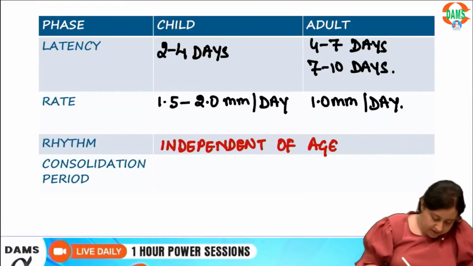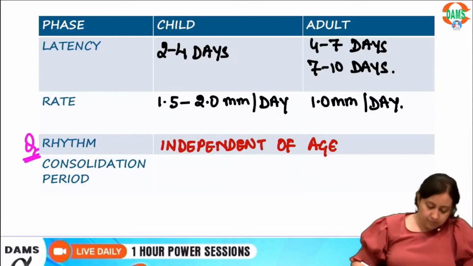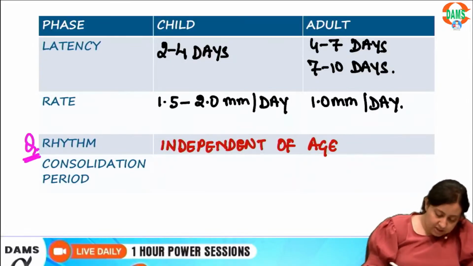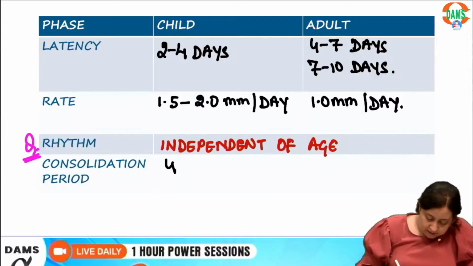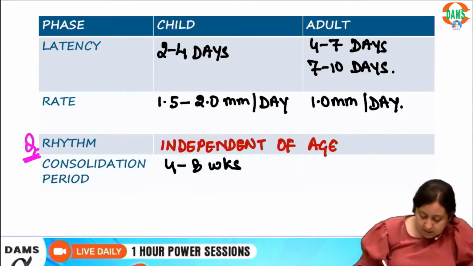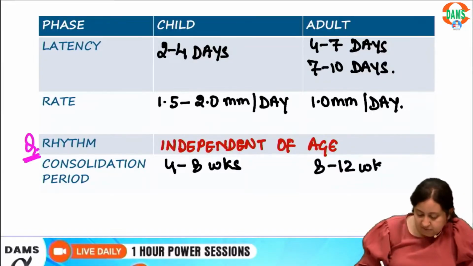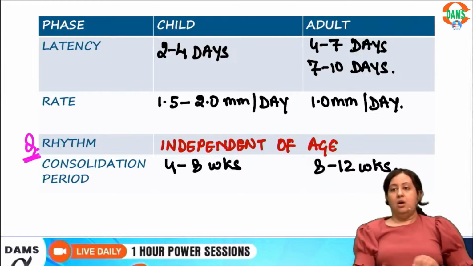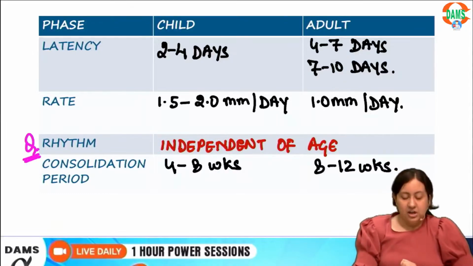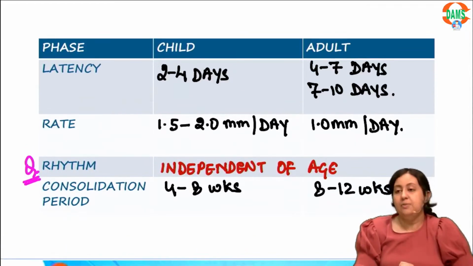The consolidation period for a child is 4 to 8 weeks, and in adults it is 8 to 12 weeks. So with that, we end our session on distraction osteogenesis.